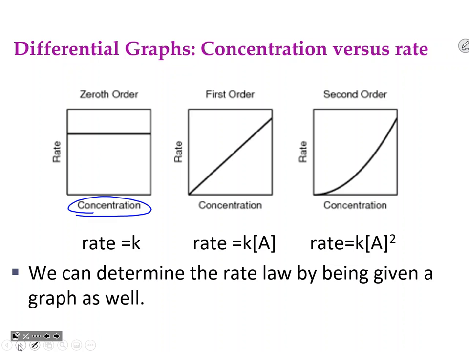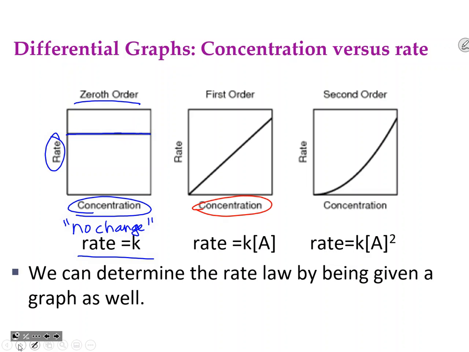The concentration versus rate for the zeroth order, you notice it's just a straight line because the rate does not change. It doesn't matter what you do to the concentration, it stays the same. So it's just a horizontal line on the graph. And that means rate is just equal to the rate constant because the concentration does not affect the overall rate. So this is the no change. Remember, this one falls under the no change idea.